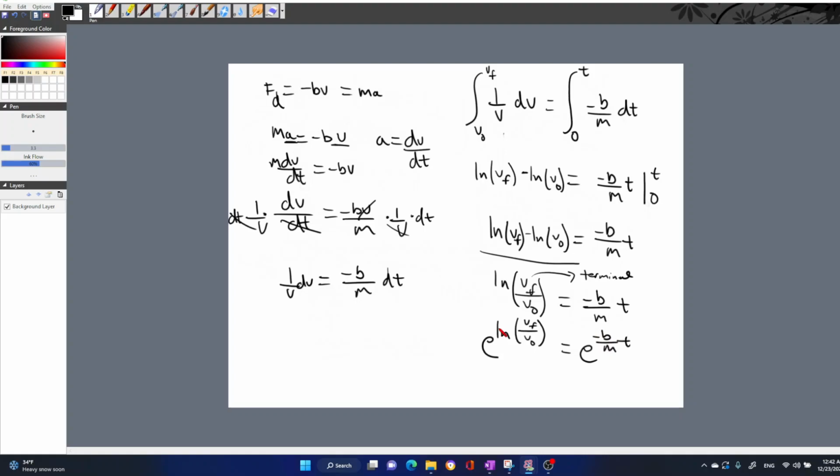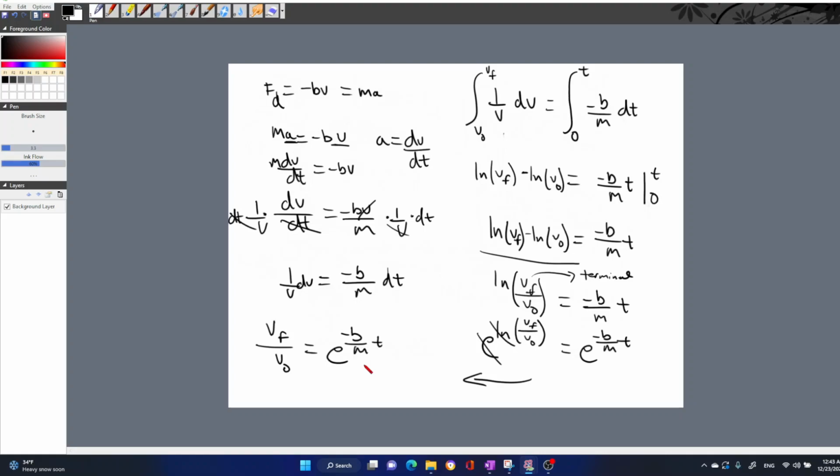The e and the natural logs cancel out here, so we're just left with vf over v naught is equal to e to the negative b over m t.